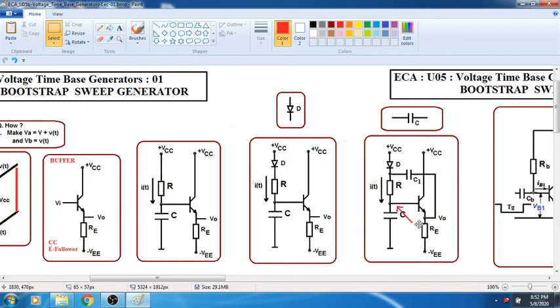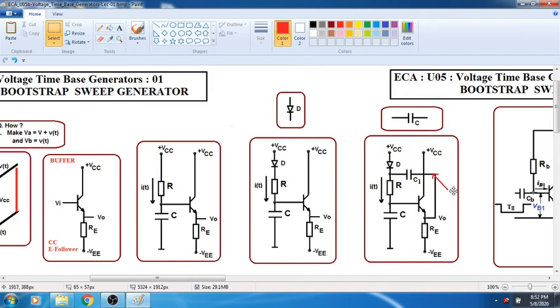So this point is connected almost to ground, and this capacitor is free to charge through VCC. So it will charge through VCC, and the voltage across the capacitor will be almost equal to the supply voltage.